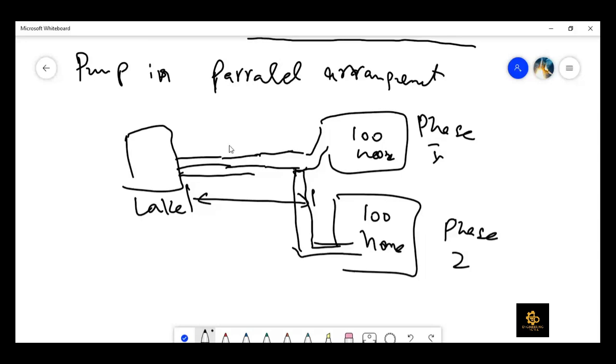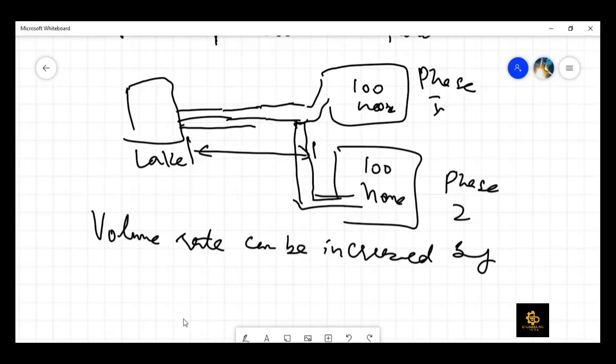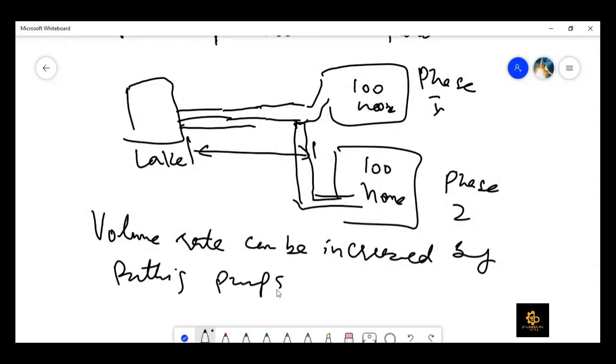Whatever arrangement they have put here, they would try to put pumps in parallel arrangement to increase the volume flow rate. So the volume flow rate can be increased by putting pumps in parallel. And this parallel arrangement is very, very frequent in industry.